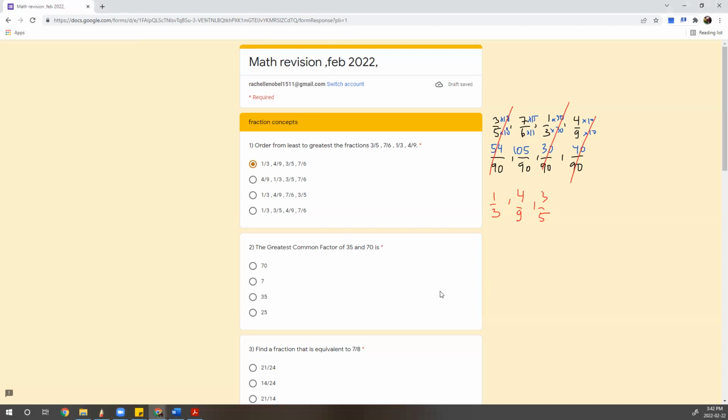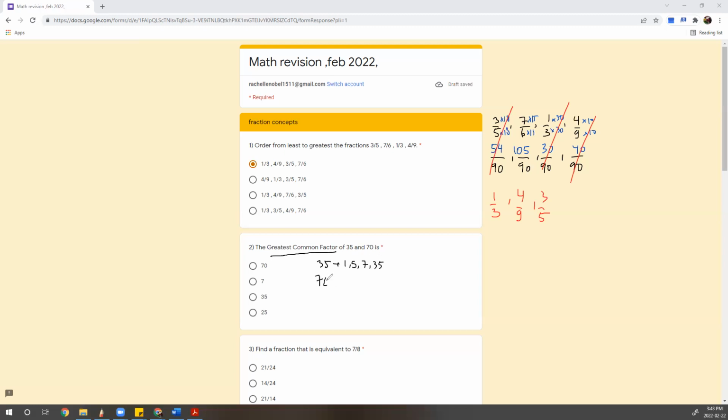Okay, so the greatest common factor of 35 and 70 is, okay, you can just look at this. So the 35 and 70, we find the greatest common factor. So what number can divide both 35 and 70? So 35 can be divided by 1, 5, 7, and 35 itself, right?